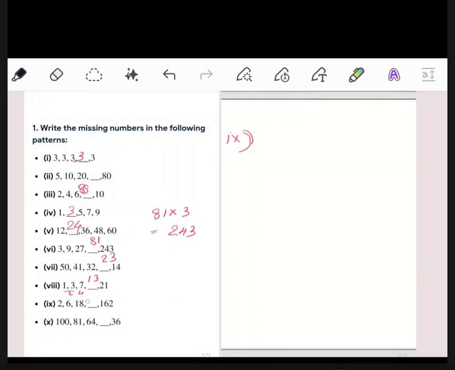So we can do 18 into 3, that is 54. Similarly we can do 54 into 3, let's check. As the answer is 162, the pattern is correct. So the rule is multiply by 3. Okay.